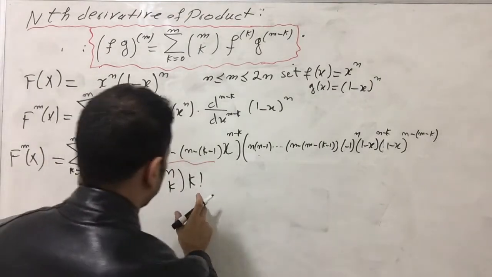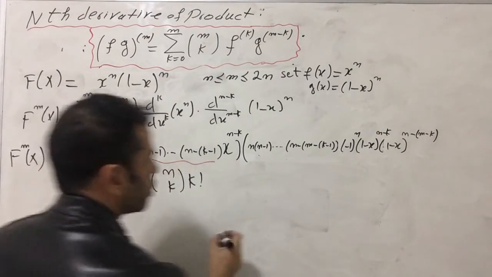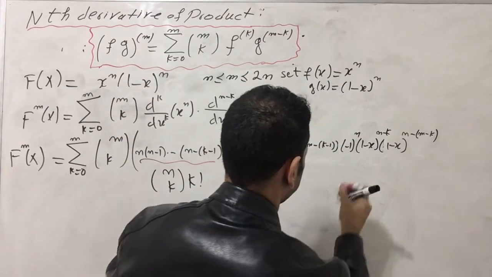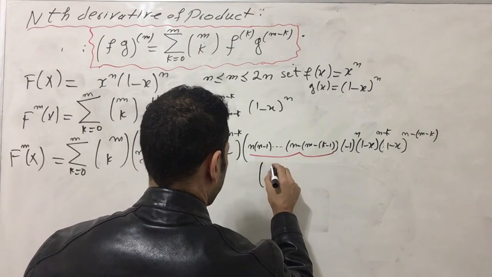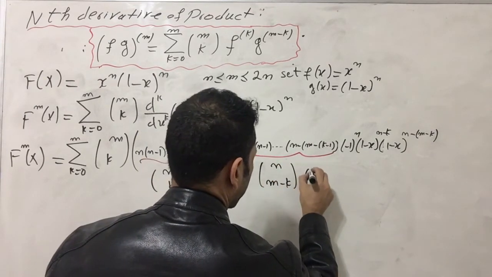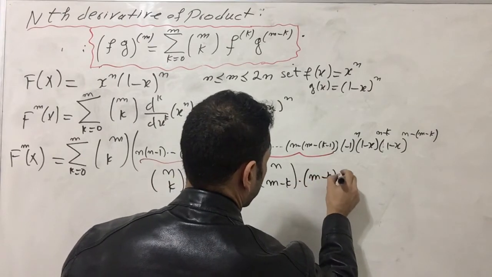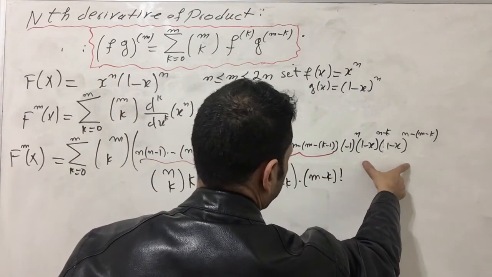Just distribute this one and you get it exactly. The same thing here: this one is written in this form, n choose m minus k multiplied by m minus k factorial, and multiplied by this one.